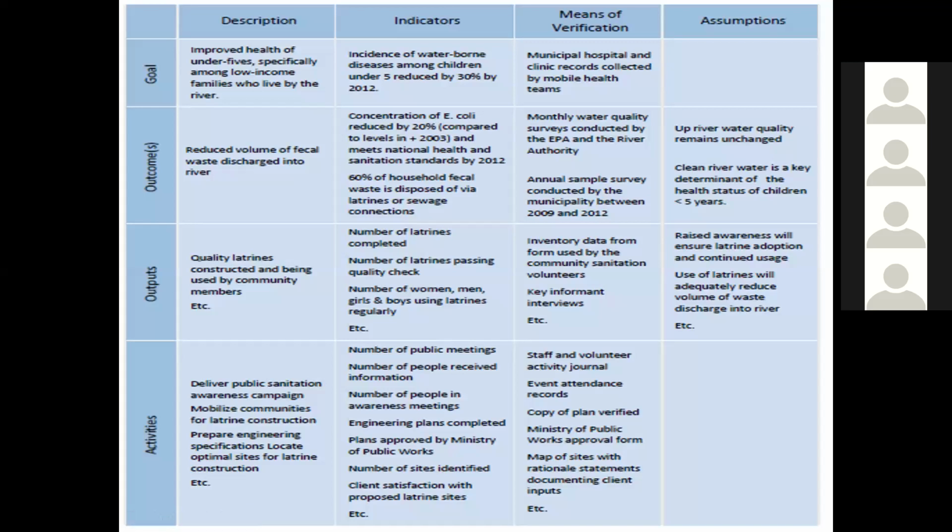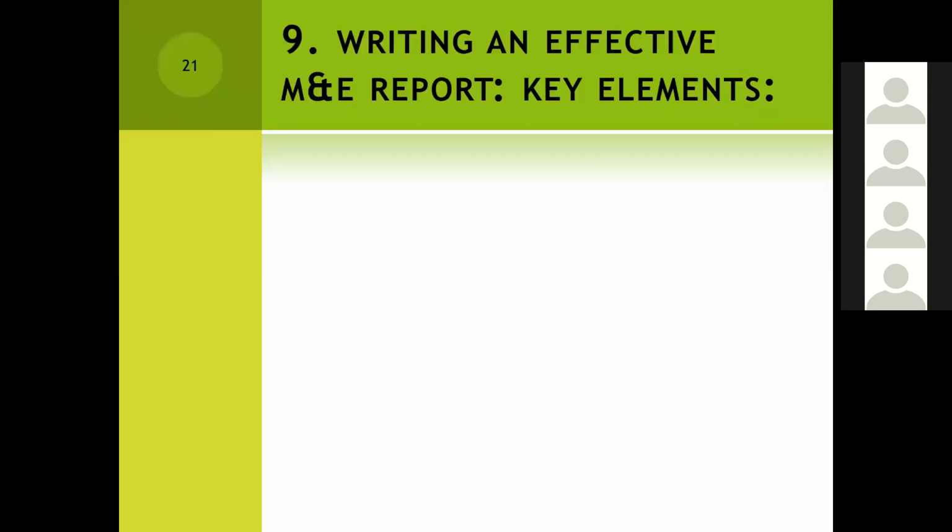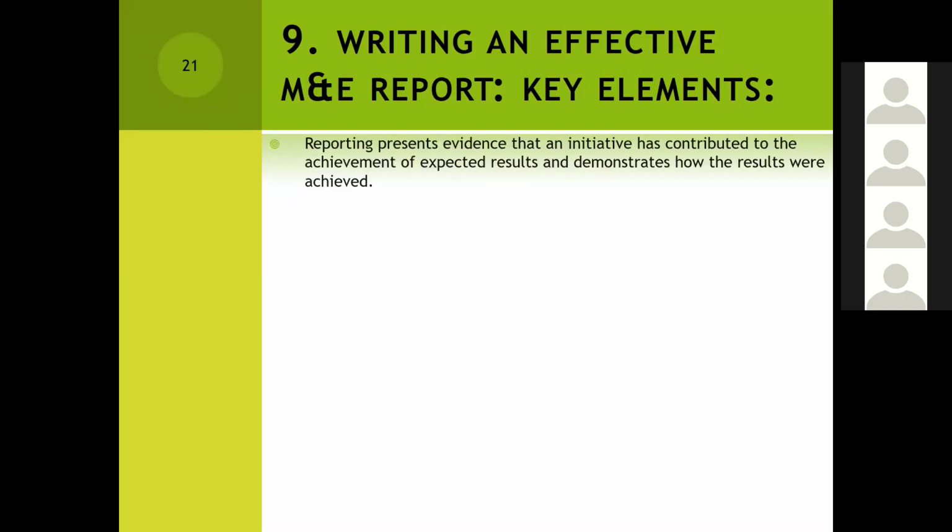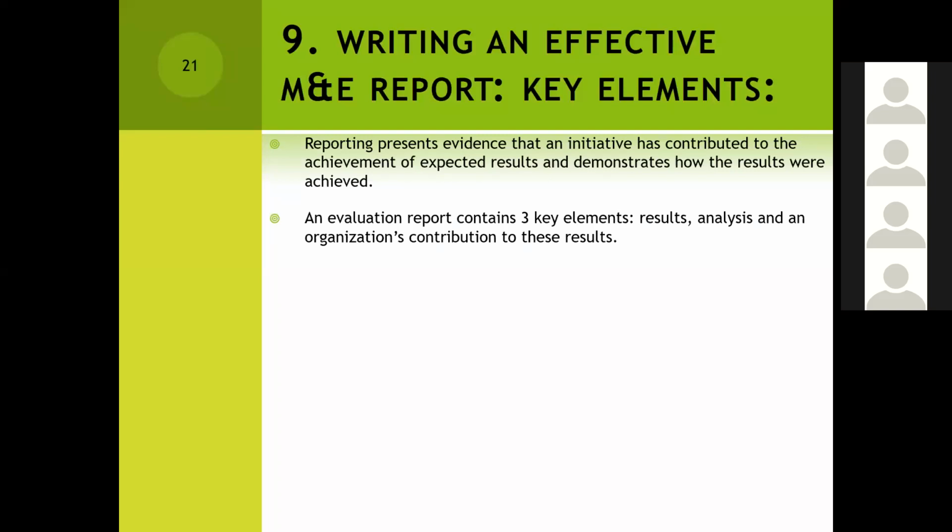So let me get into the last thing that we wanted to discuss, and mention some key points that become very important when you want to report effectively in an M&E report. It is always good to make sure that your evaluation report takes care of 3 key elements.